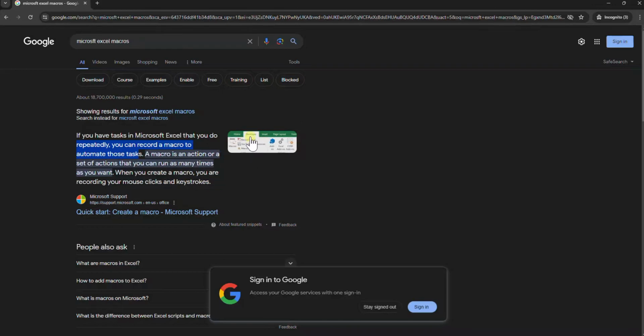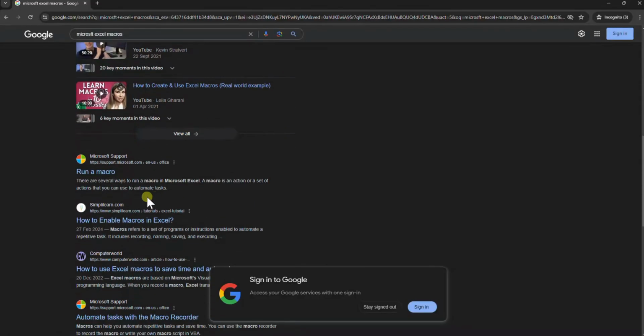You've got to use the developer function in the actual Excel tool, and you've got to write the code for this particular thing. And it can be interactive. You can click things, you can insert things. I'm not aware of the coding. I don't know how to code, but I know it's possible. If you do get the code from somewhere, you can actually create it.